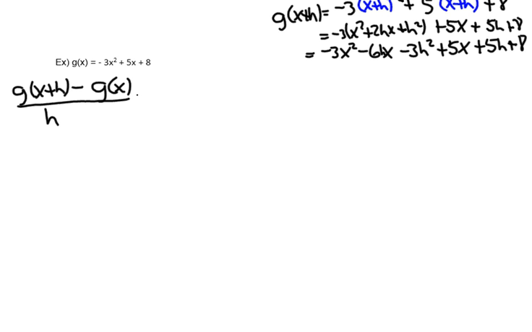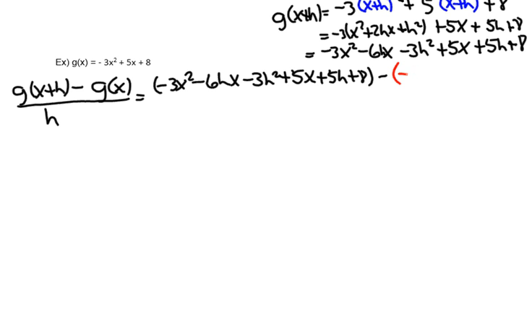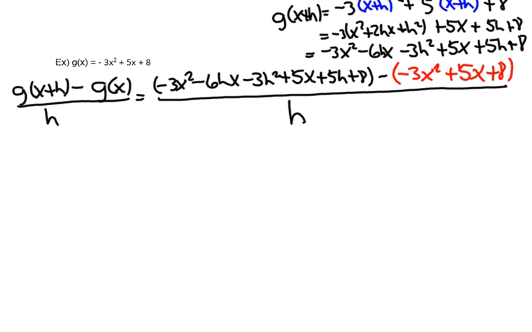Now, let's go back to the definition. We now know what g of x plus h is. Again, go back to the original trinomial function here. Okay, so I'll distribute the negative again.